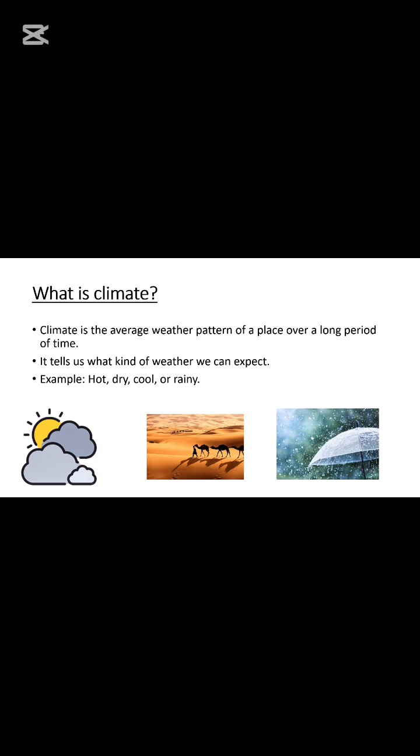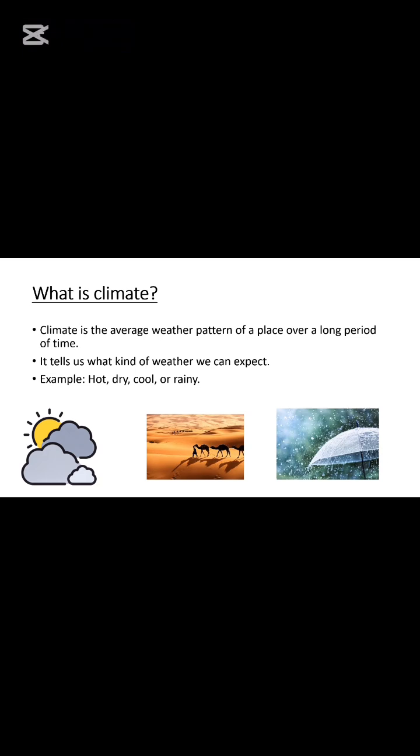For example, we have the Sahara Desert. As you can see in the picture, the Sahara Desert has a hot and dry climate. Can you spot any trees in the pictures below? No, especially in the picture for the Sahara Desert. This is because the Sahara Desert receives little rainfall, whereas if you compare to the Antarctica, it has a cold and a wet climate.